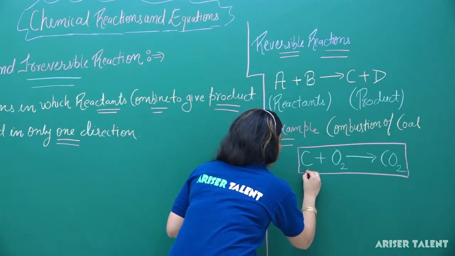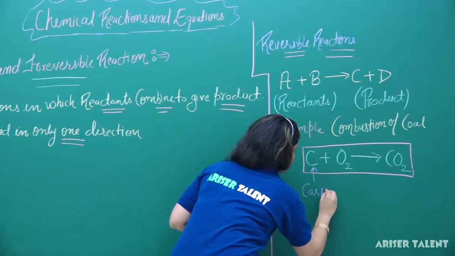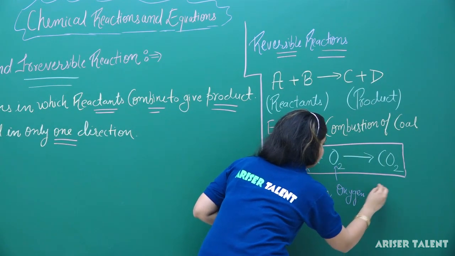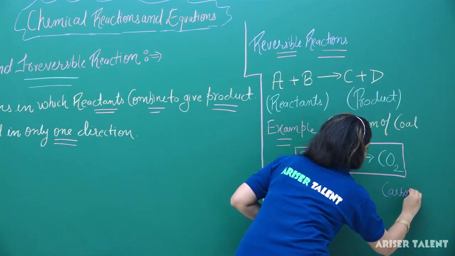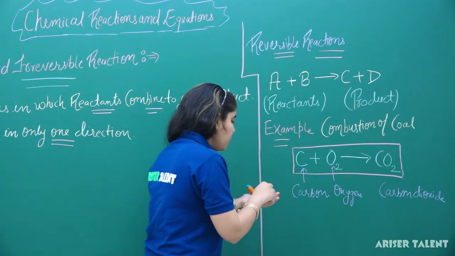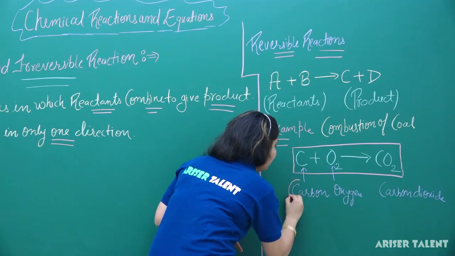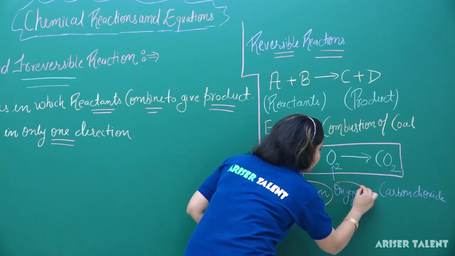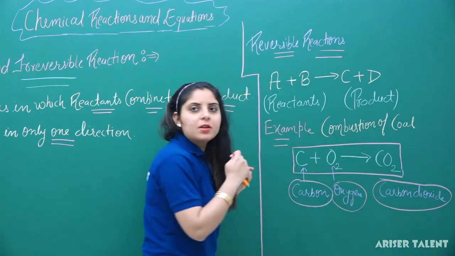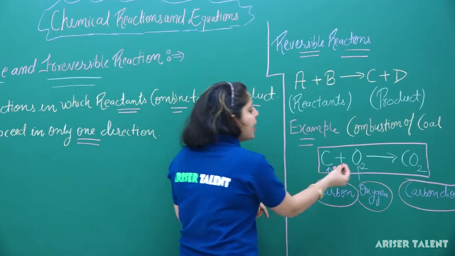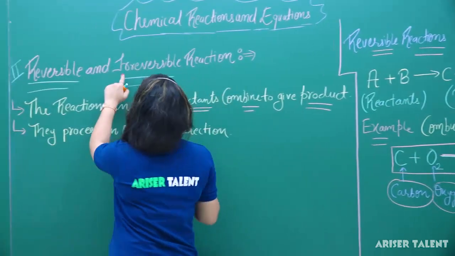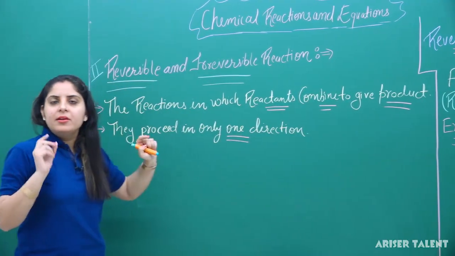What we have observed is that carbon reacts with oxygen to form carbon dioxide, and we cannot get back carbon and oxygen from the reverse reaction of carbon dioxide. It means this reaction proceeds only in one direction, so we call it an irreversible reaction.